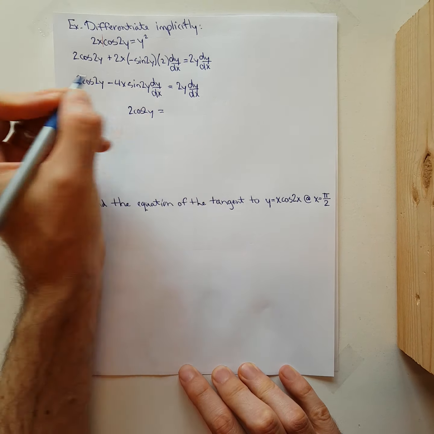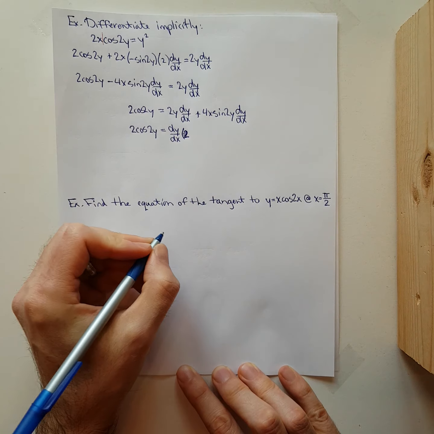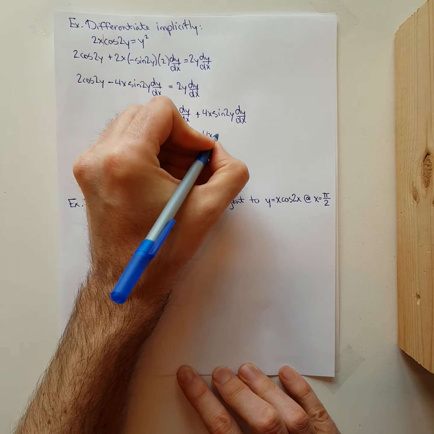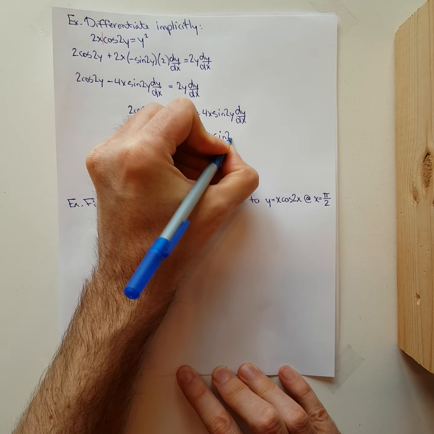dy by dx. If we factor that dy by dx out, oops, not equals, dy by dx, we have then 2y plus 4x sine of 2y.